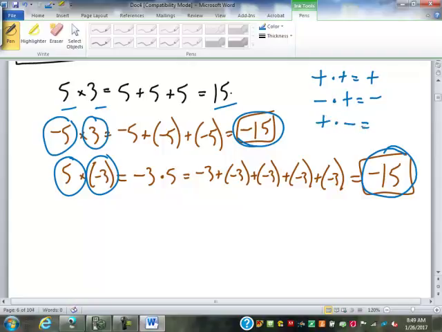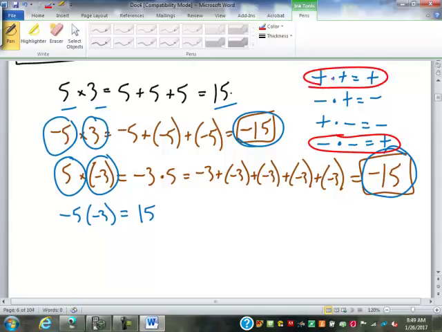A positive times a negative gives you a negative. What were you taught for a negative times a negative? It makes a positive. You were taught negative 5 times negative 3 better be a positive 15. So basically, if we're multiplying two numbers, if they're both positive or both negative, if they're both the same sign, the result is positive. If there's one of each, one positive, one negative, the result will be negative.